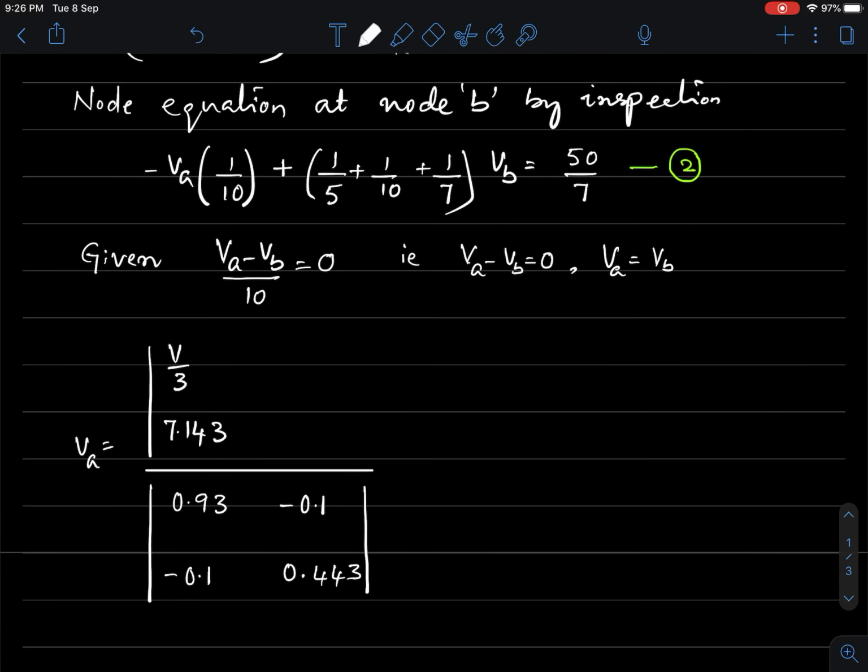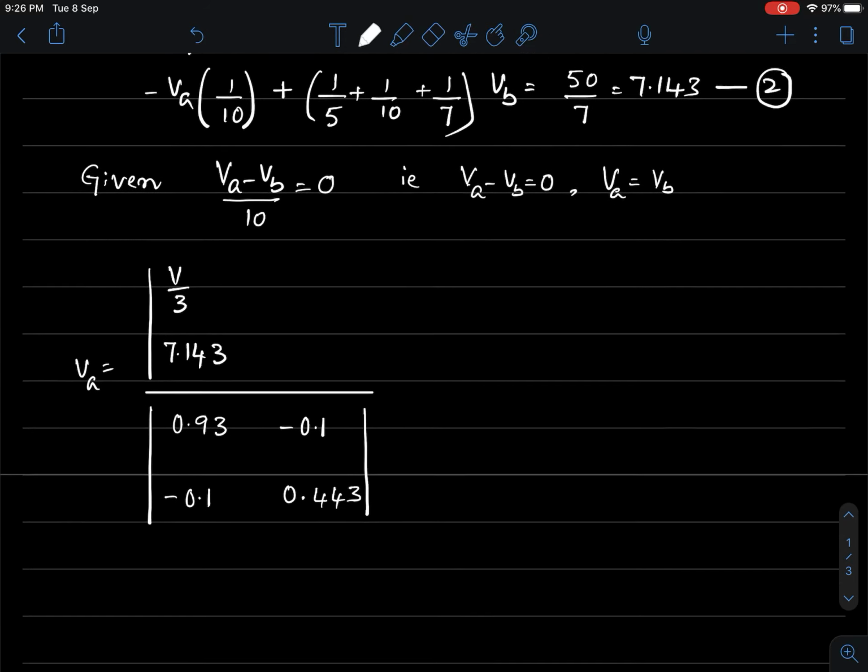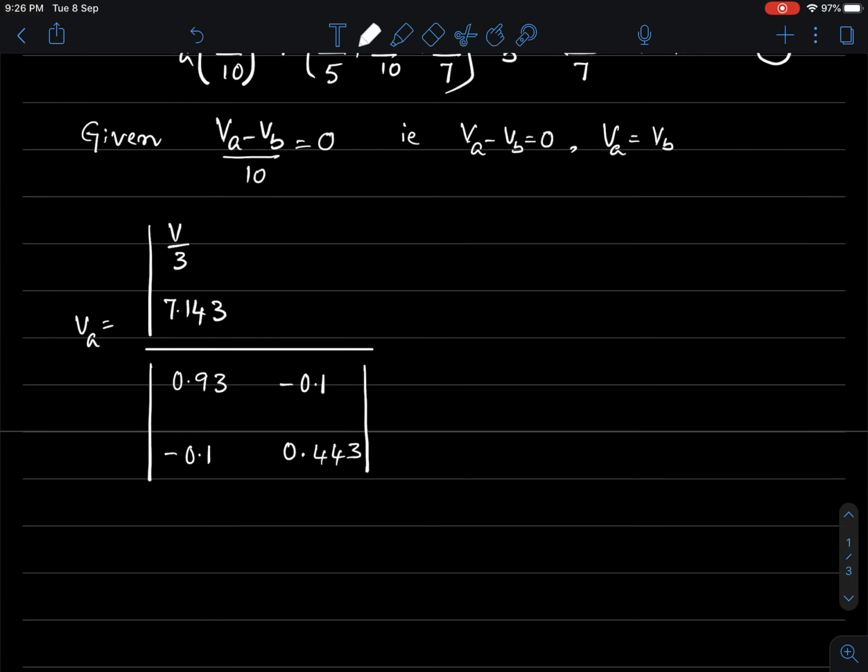So that is the right hand side of the two equations, equation 1 and equation 2. This is equal to 7.143, this is my equation 2. And the second column is retained as it is, 0.443 of delta.